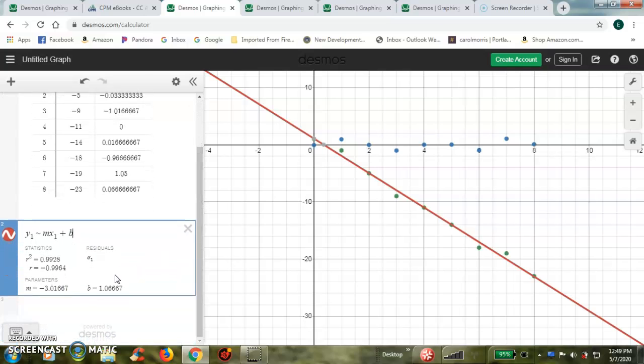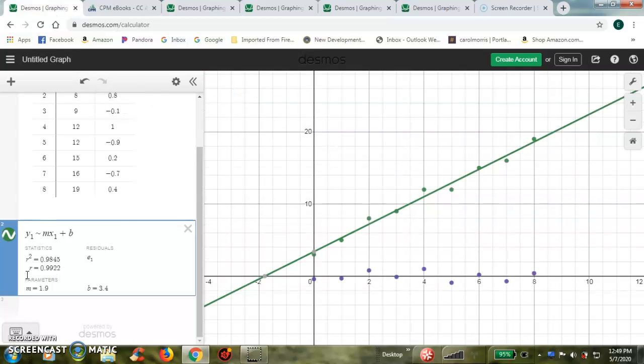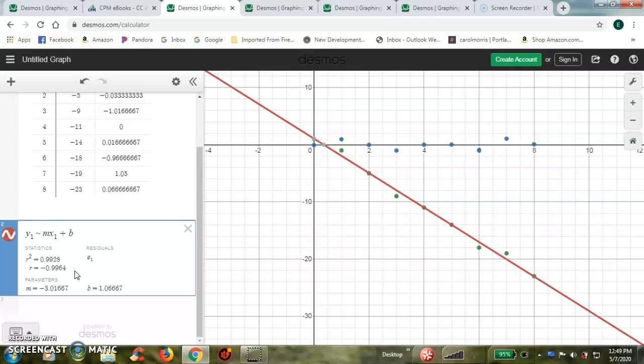You can see right here, the correlation coefficient is negative 0.9964. Remember on the line we did before, it was a positive correlation. So right there, the correlation coefficient is quite useful because it tells you whether it is a positive or negative association.